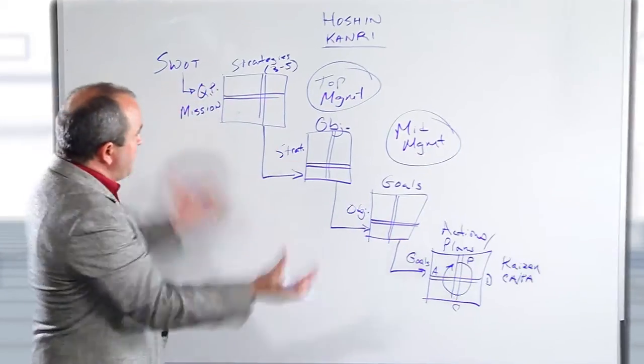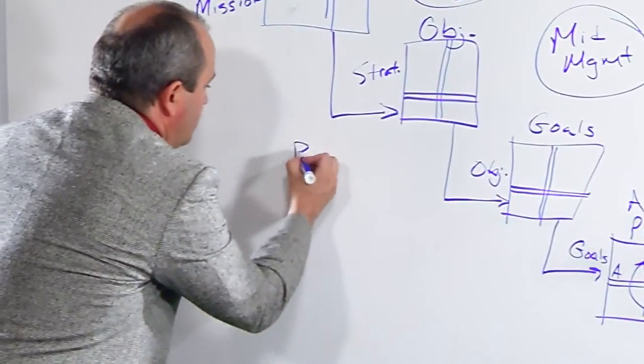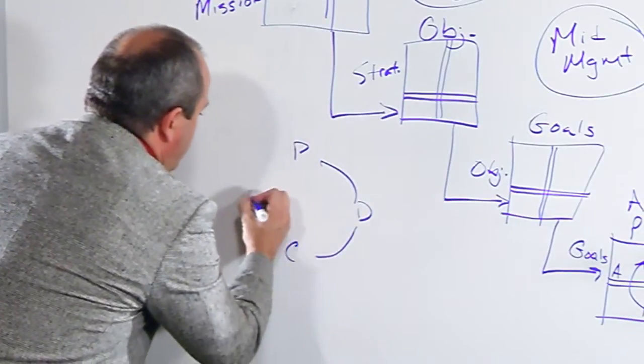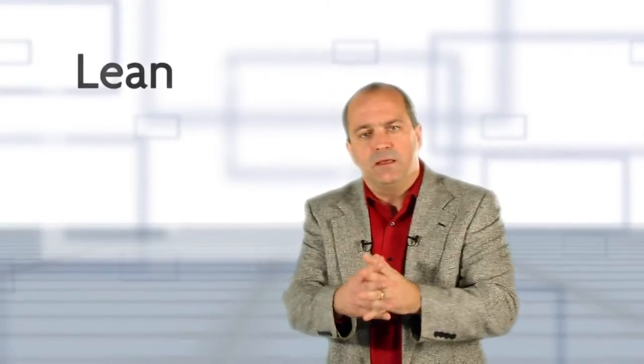Now, from the big picture standpoint, we also want to do P, D, C, A. These actions are reviewed continuously at the daily accountability meetings, and improvements based on the actions are made in the business management system. And therefore, we have the linkage, once again, between Lean and a typical business management system.